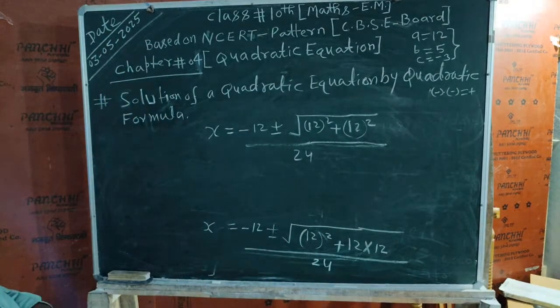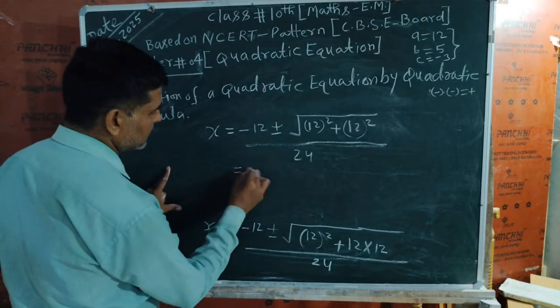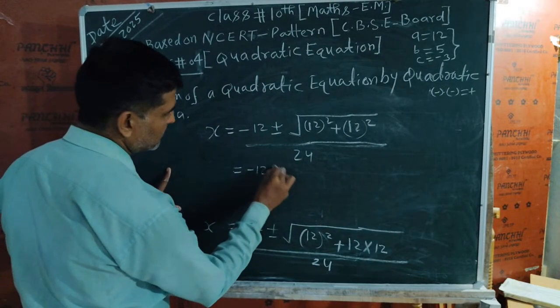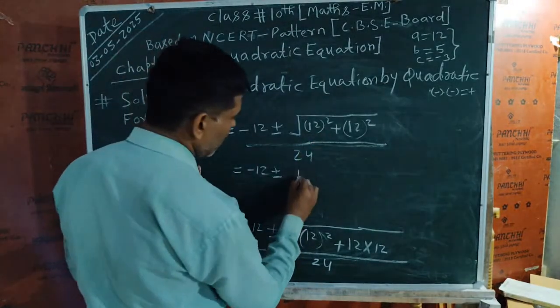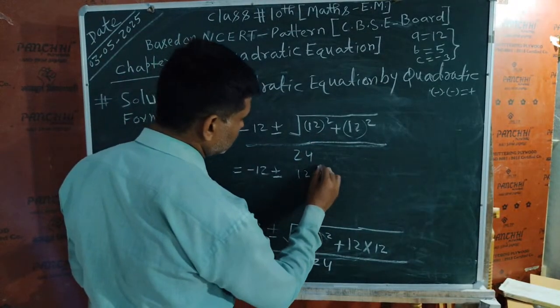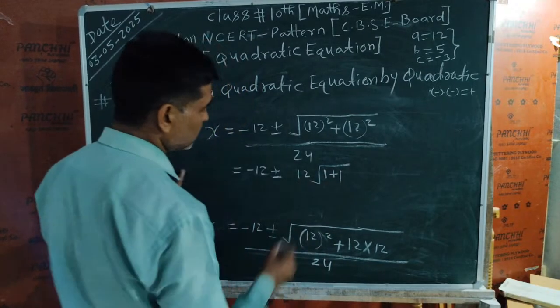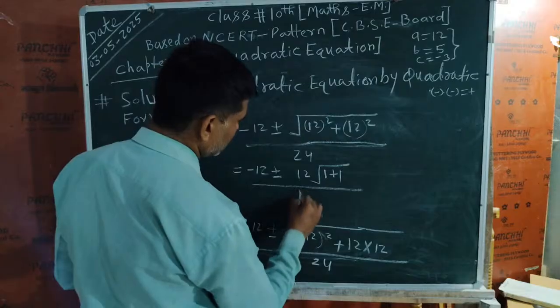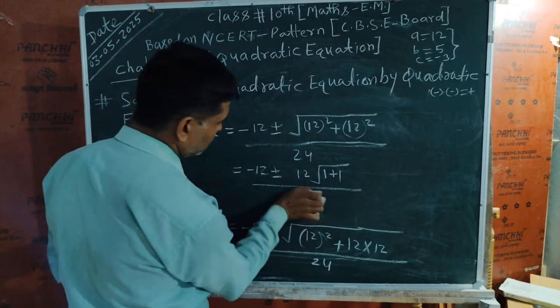Okay student, so again I will simplify it. Here I will put minus 12, here will be plus minus, and here 12 I will take outside, so here will be plus 1 and plus 1. Okay student, and divided by 24, so here I will write 24.